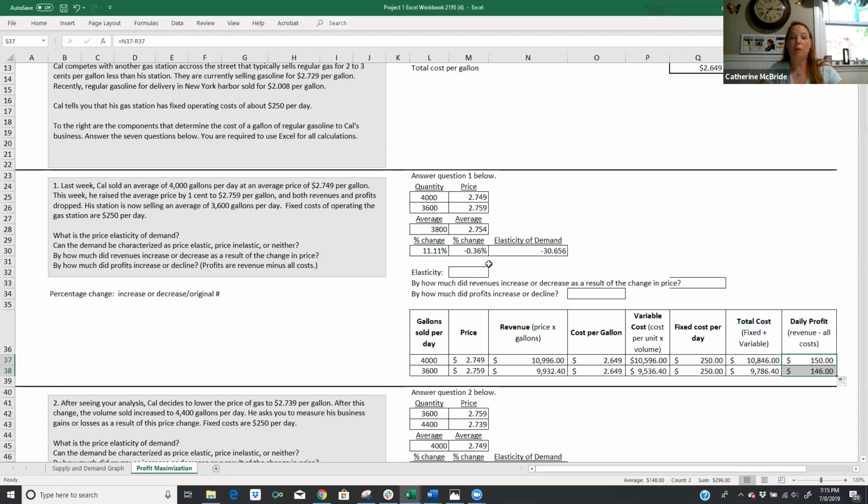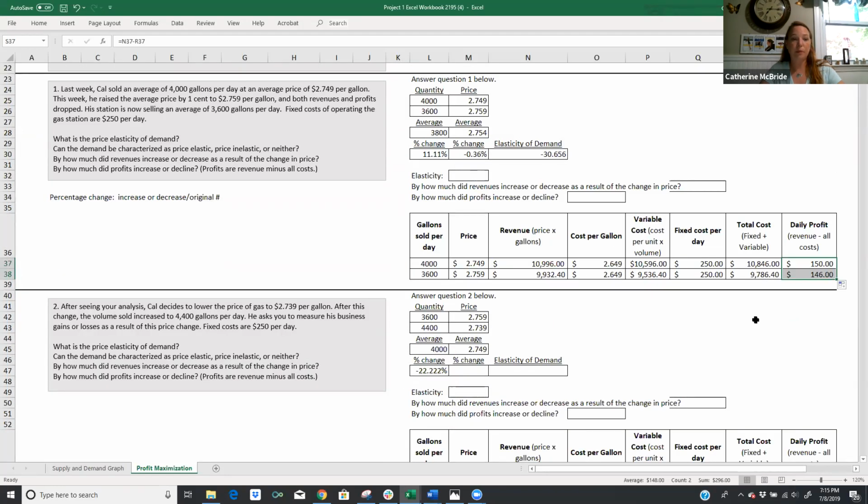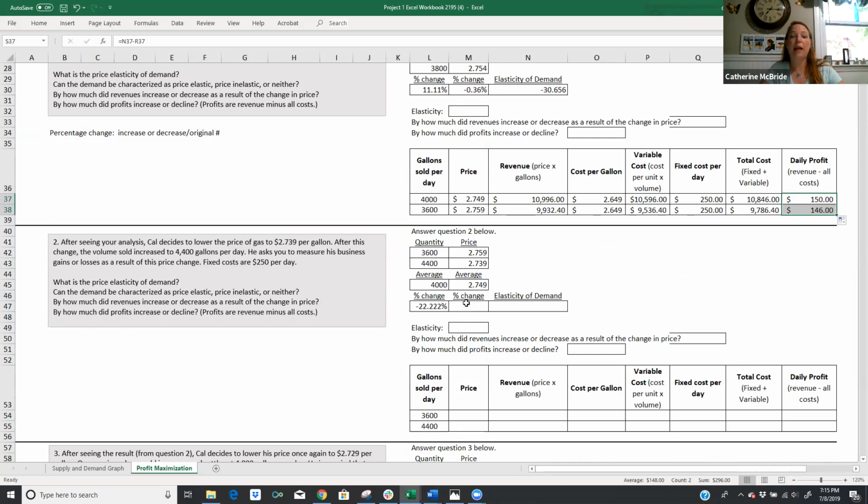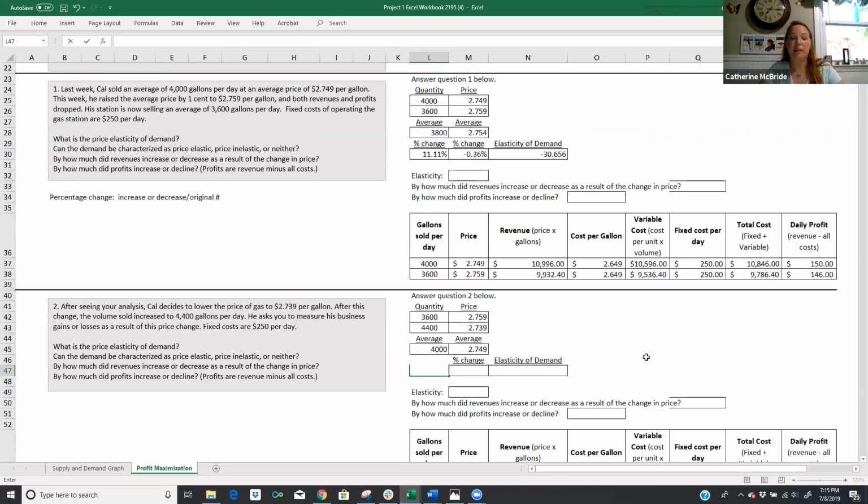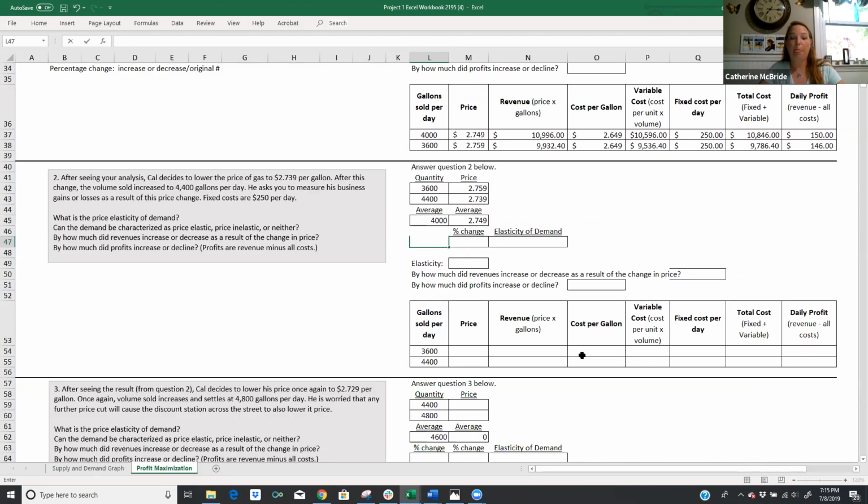And that gives you some more of the information to fill out elasticity and those two questions. You're going to do exactly the same on this one. Still looking at elasticity of demand, so it's exactly the same.